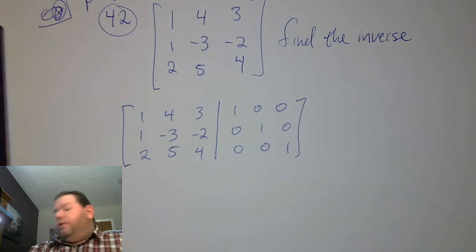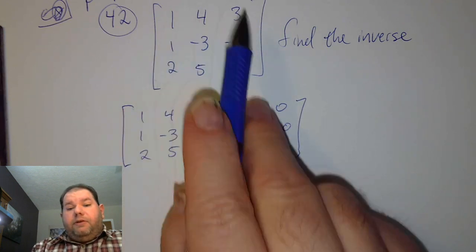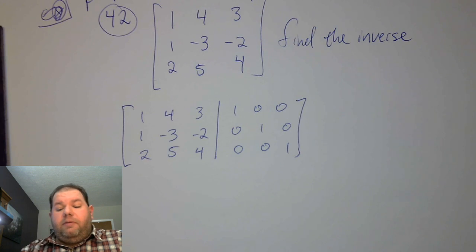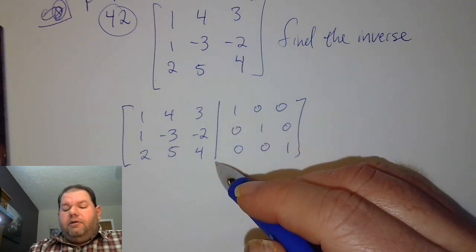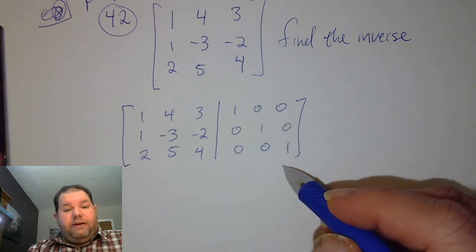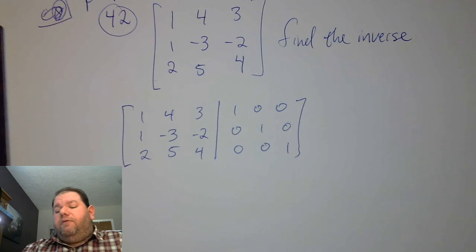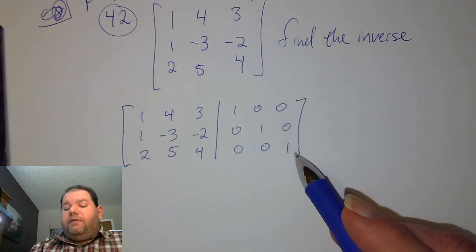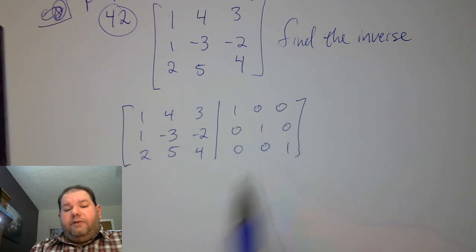So we took our original matrix here and we've augmented, which means we made a vertical line and then we put a second matrix. We've put the identity matrix here.